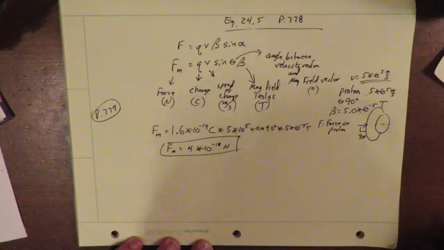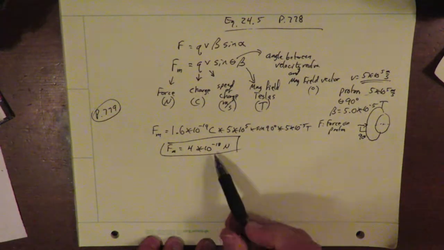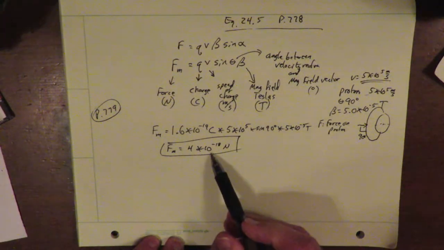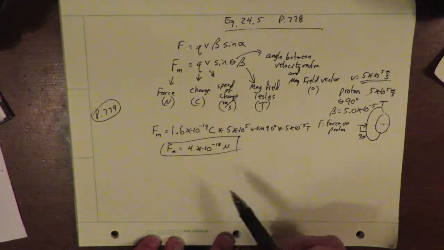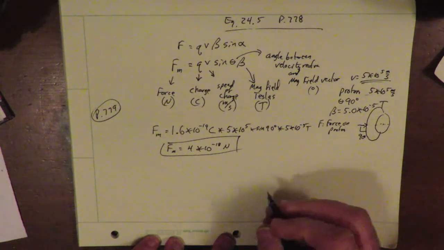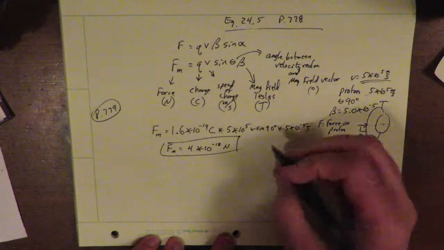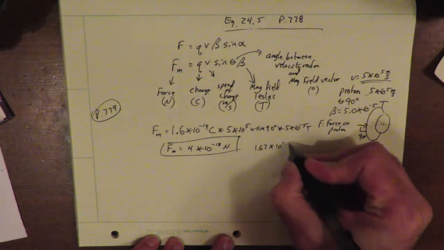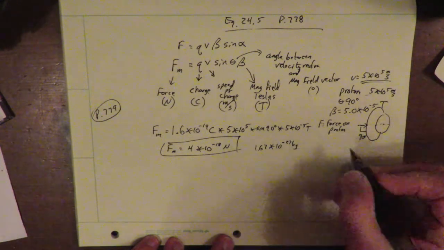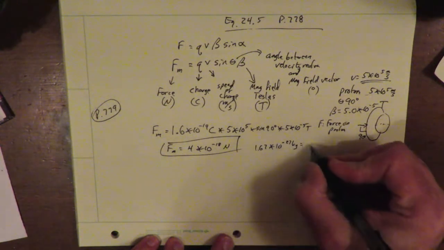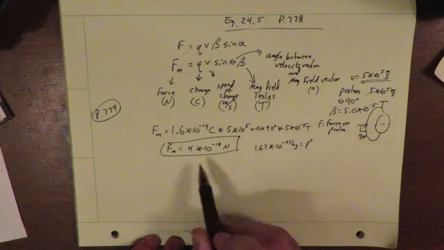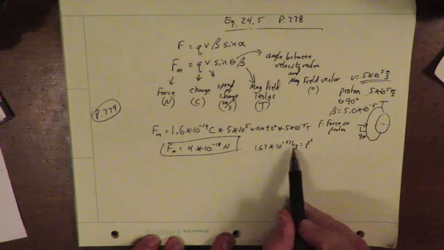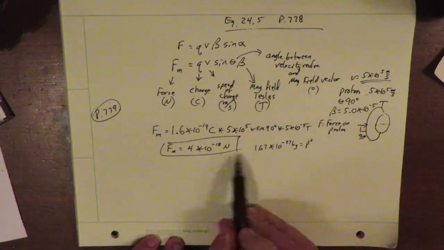That's the force. Now, that seems like an extraordinarily small force, and it is, but we have to keep in mind that protons are really, really light. I think 1.67 times 10 to the minus 27th kilograms is the mass of a proton. So in comparison to how many kilograms, this is actually a gigantic force.